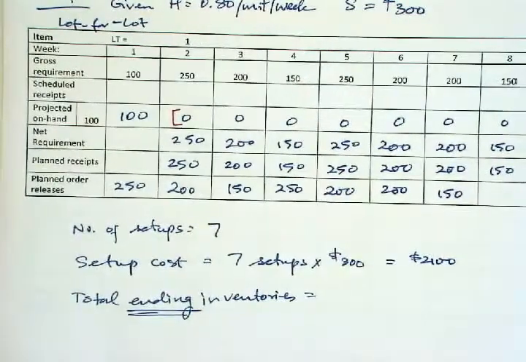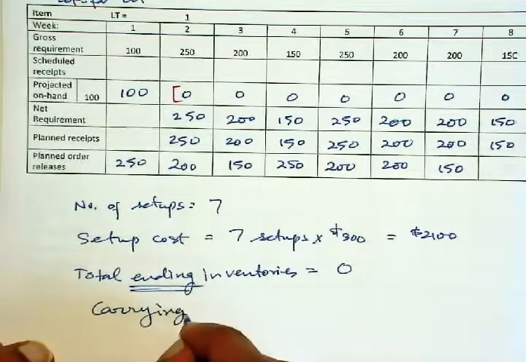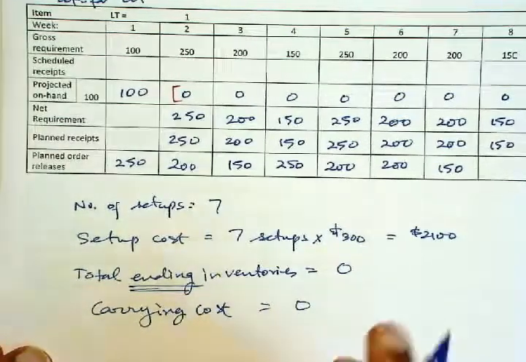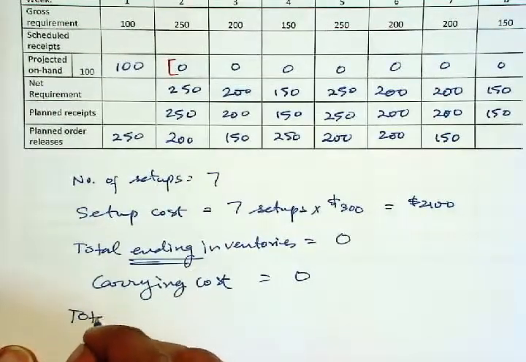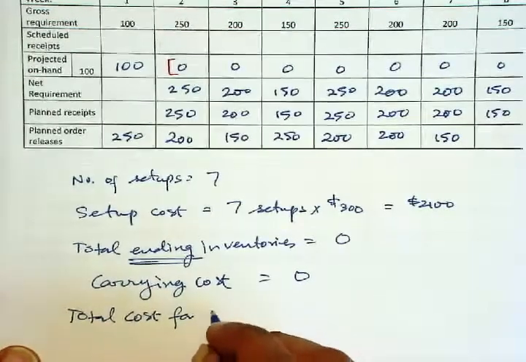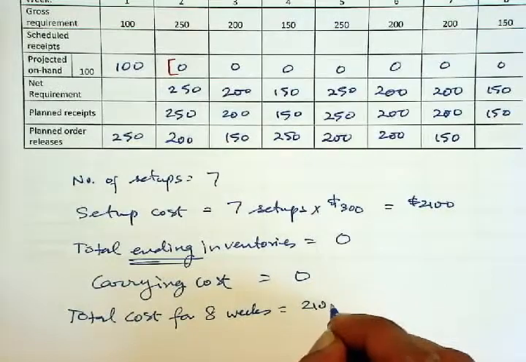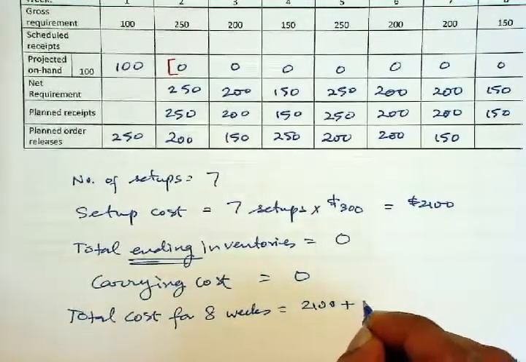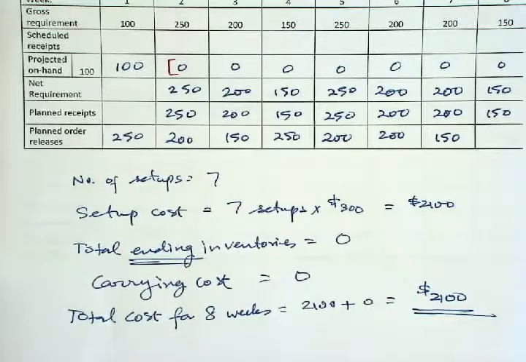So total ending inventory is 0, and therefore carrying cost is 0. So total cost for 8 weeks is 2100 plus 0 is 2100. So that's lot for lot.